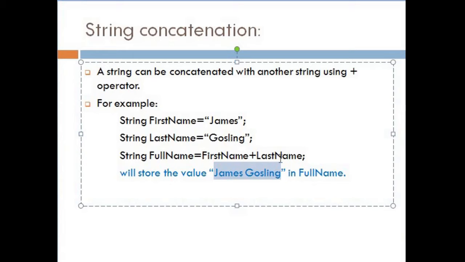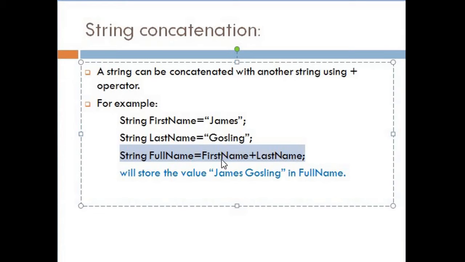And the result of firstName plus lastName, which gives James plus Gosling as James Gosling, shall be stored in another variable called fullName. So in the third Java statement, a variable called fullName has been declared whose data type is string, and the value it contains is the addition of the variables firstName and lastName.